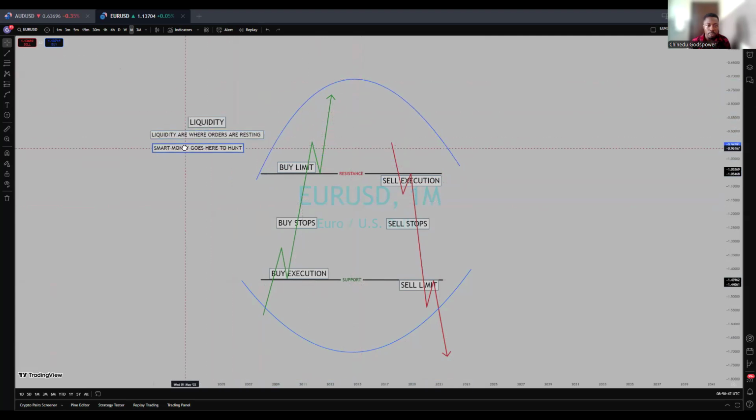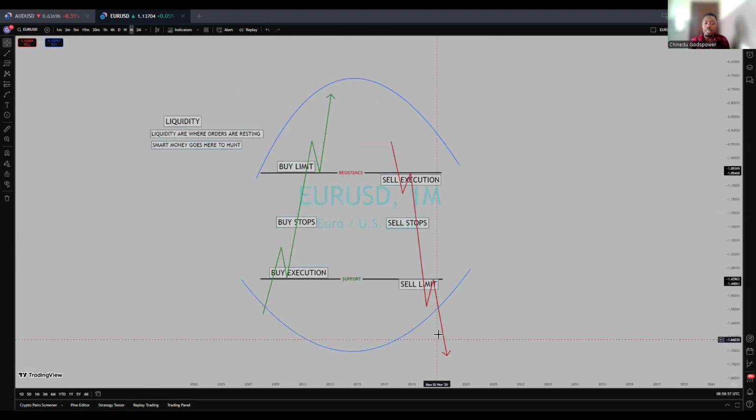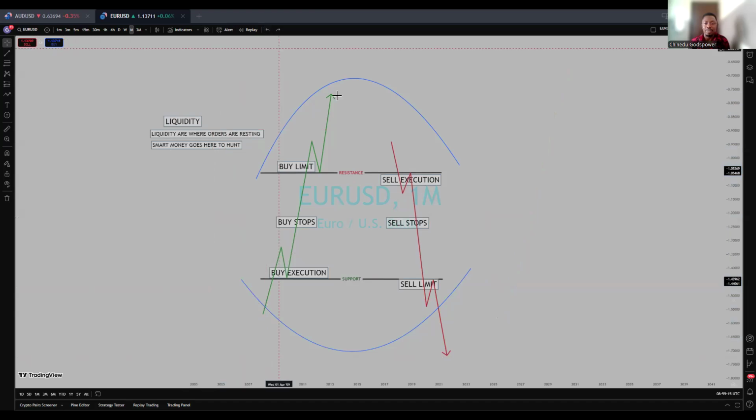They are called liquidity. It looks like it's in a range. This is where your smart money comes in, tags you into a trade, and rallies the other way. Might come in, taking the sells, push upwards, and go for the buys. Might come in, taking the buys, then push downwards. That's basically it.